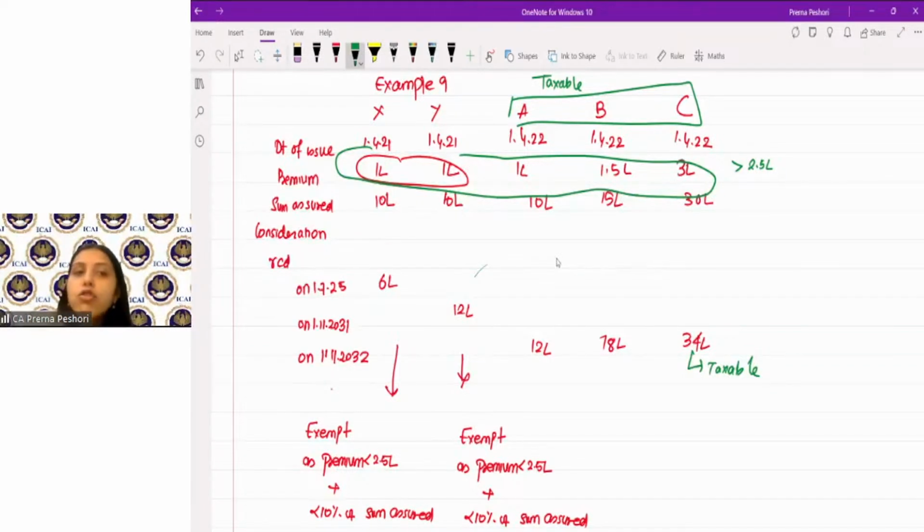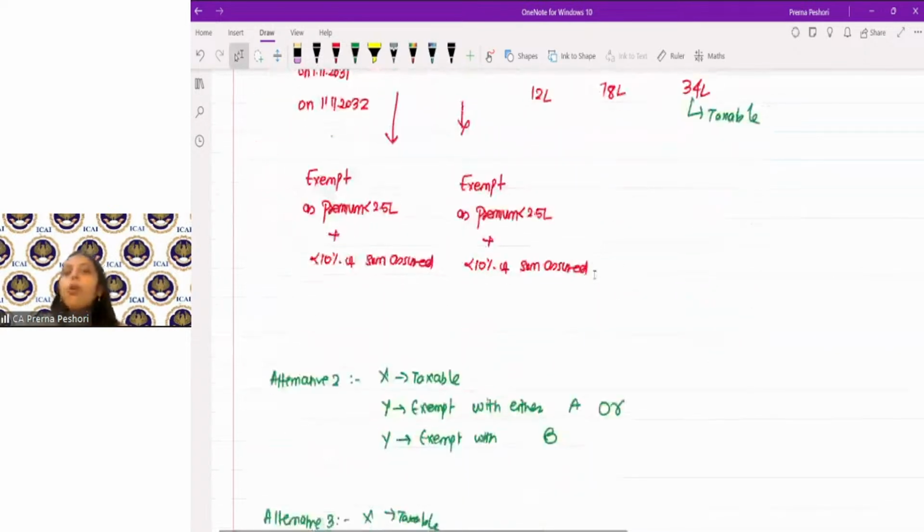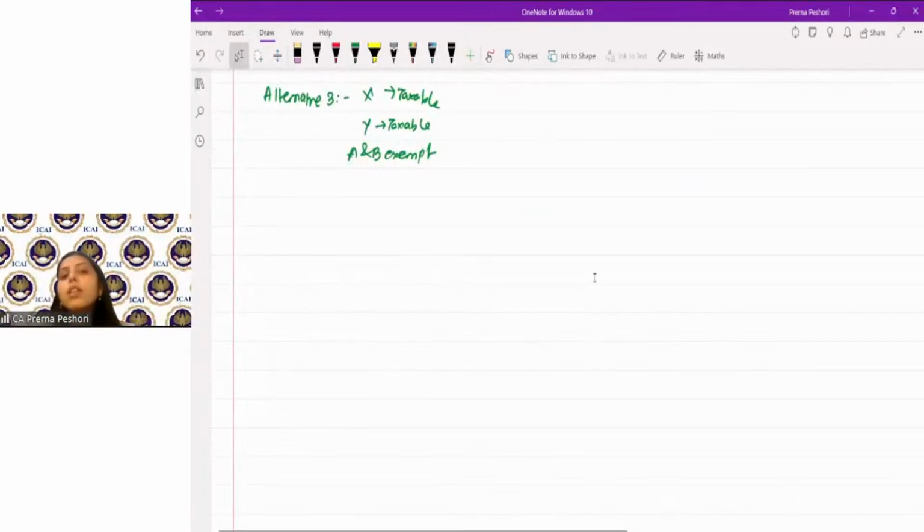Or I choose to tax these two and exempt these two. So it's up to you. How do you wish to claim? Whichever is beneficial, you can claim that. Are we clear? Any doubt? Any questions?